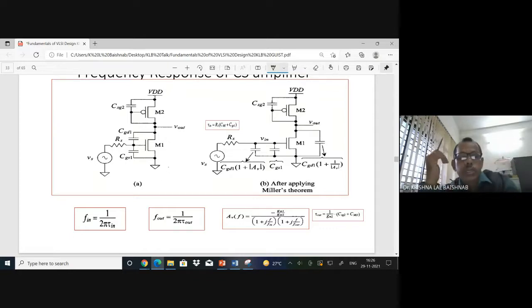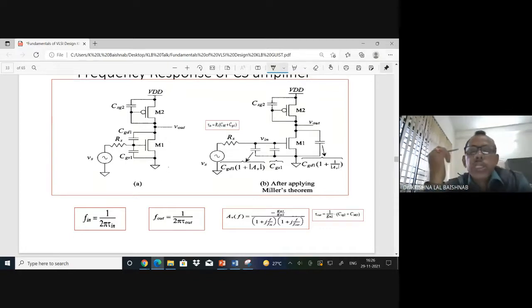So fine. If we talk about frequency response, where frequency is useful, as I said, this amplifier is an amplifier. Can you use it at high frequency? There are a lot of challenges to use it at high frequency. Then a lot of things have to be incorporated to go into high frequency operation.